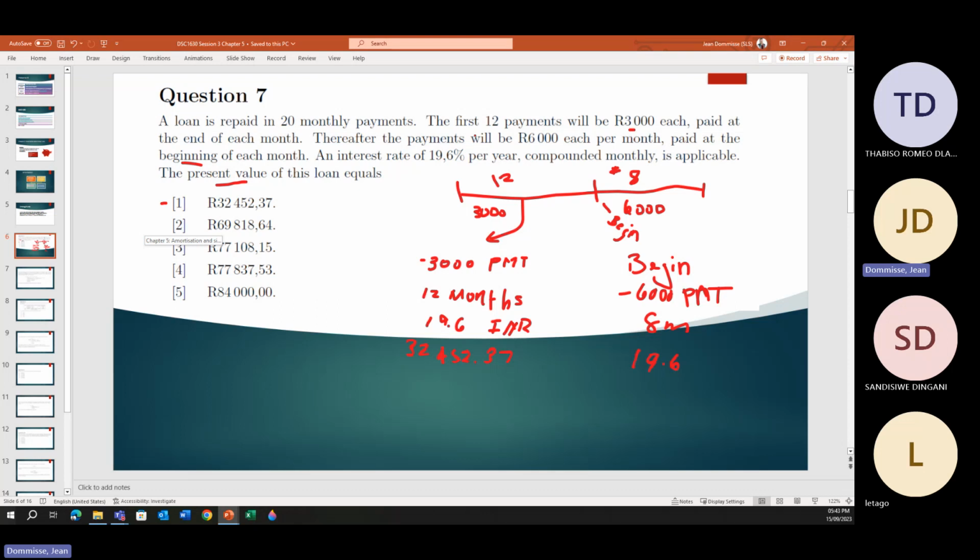Loan repay the first. And then, so that would have been 45,385.